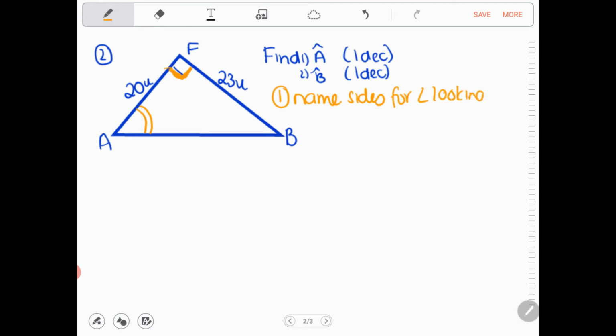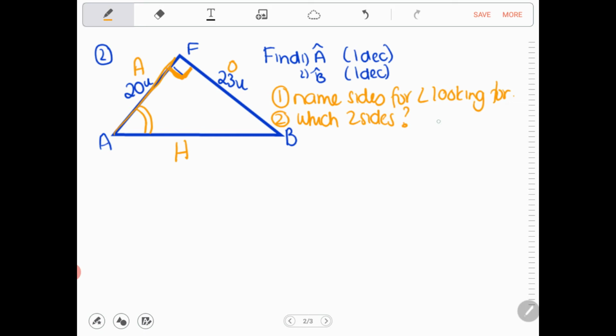For angle A, the hypotenuse is opposite the right angle. The other side that touches the angle is the adjacent, and then you have the opposite. Which two sides do you have?